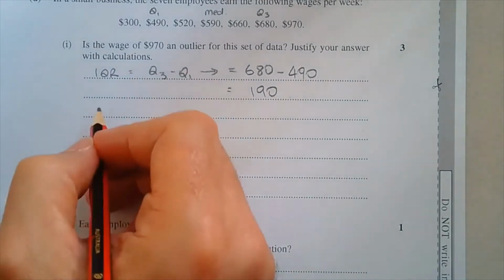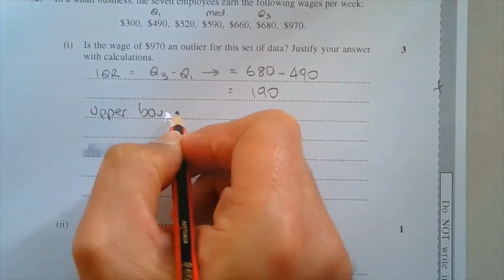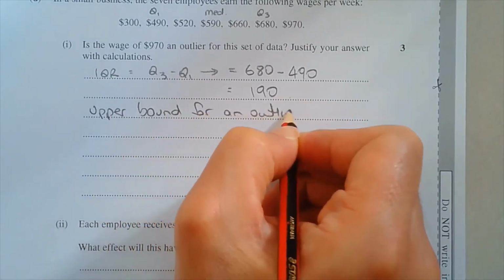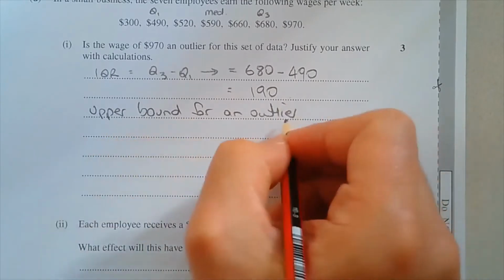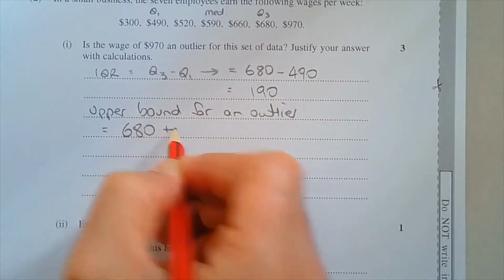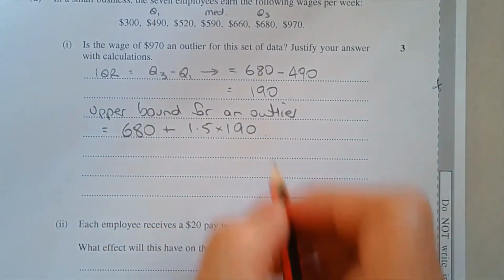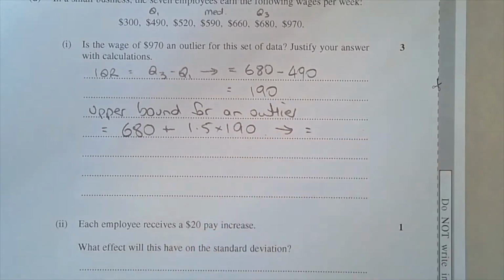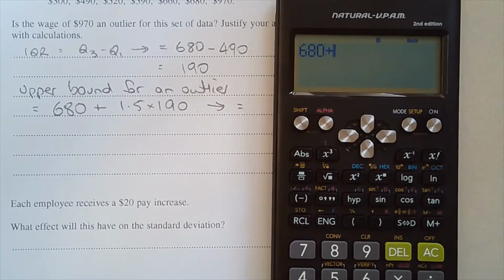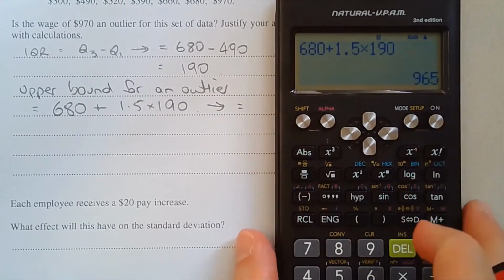So the upper bound for an outlier is equal to Q3 plus 1.5 multiplied by 190, and that equals, so 680 plus 1.5 multiplied by 190, and we get 965.